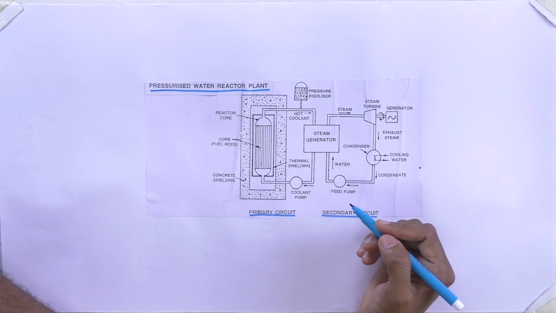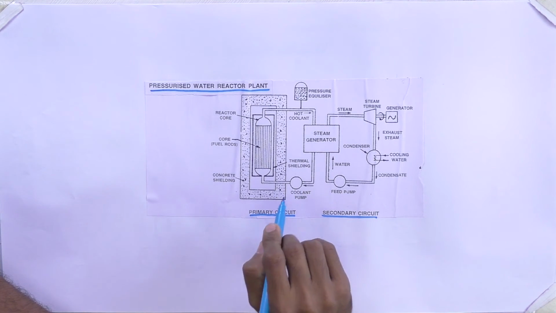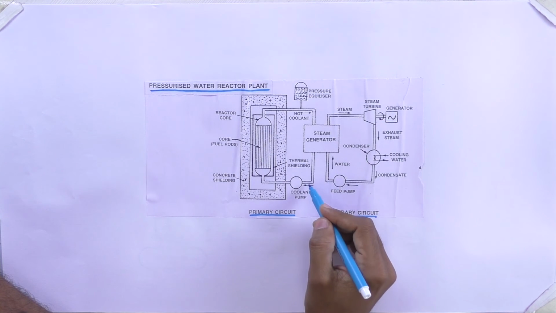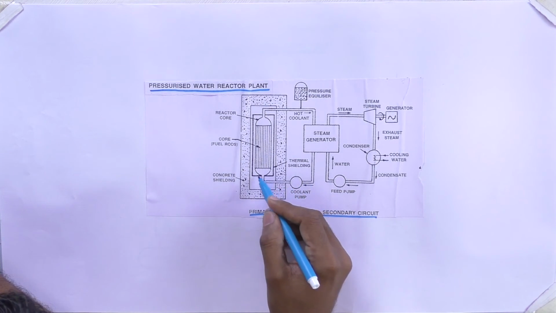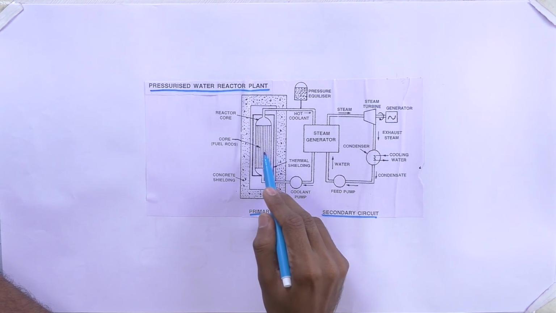Dear learners, when starting the steam in the nuclear power plant or pressurized water reactor power plant, we send the water to this pipeline. Initially the reactions start in the uranium.